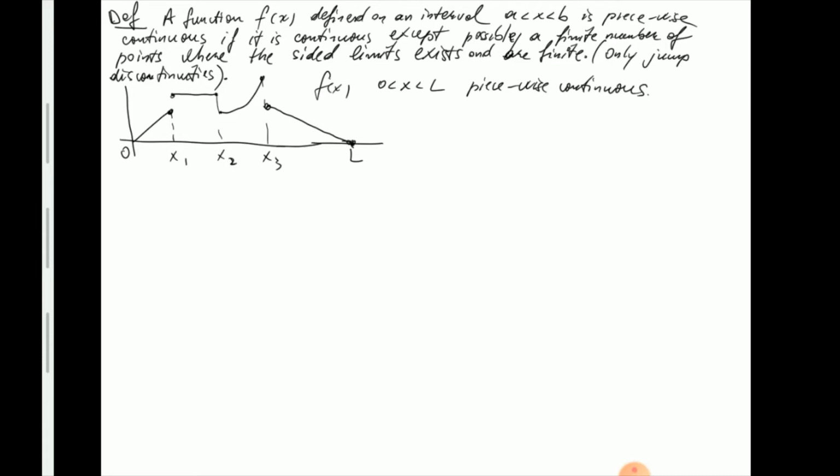What I want to point out for our purposes later is that if you have a function like this, which has only jump discontinuities, then you could still compute the Riemann integral for that function.